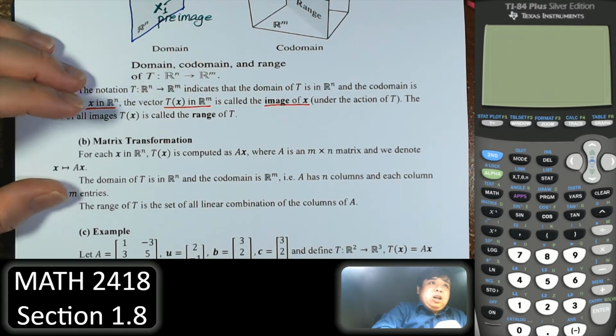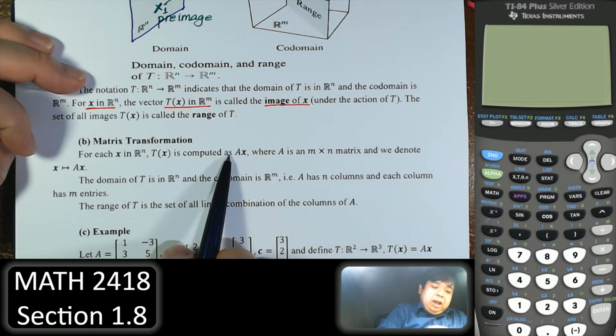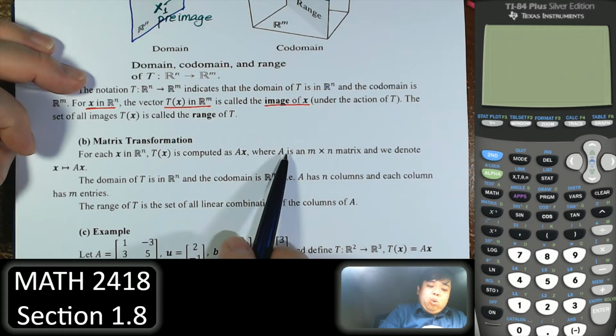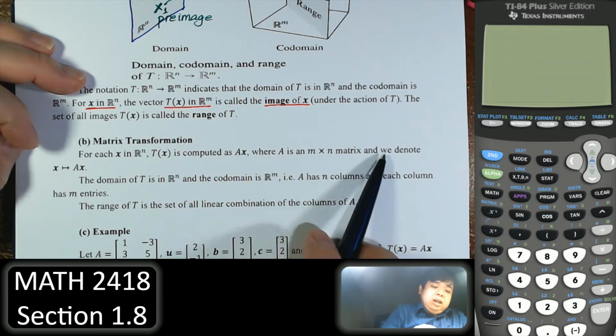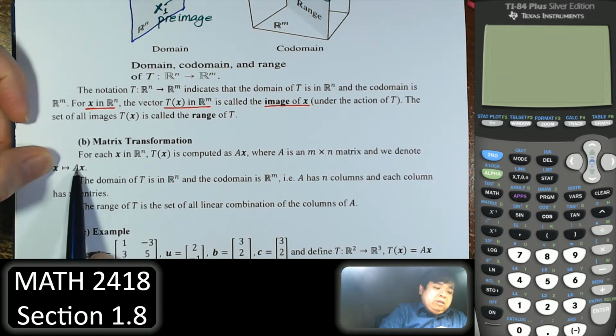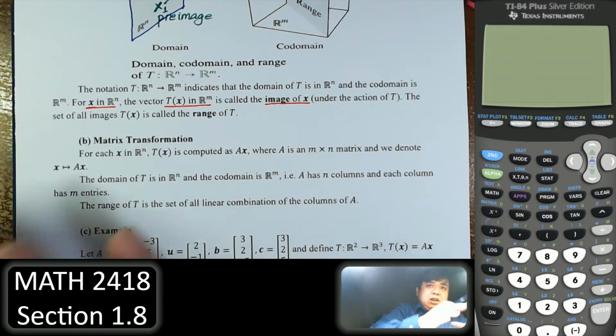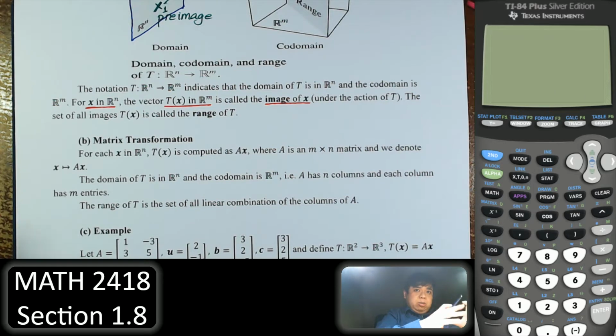A matrix transformation: for x in Rn, T of x is computed as A times the vector x, where A is an m by n matrix, and we denote x maps to T of x. In general a space goes into a space.